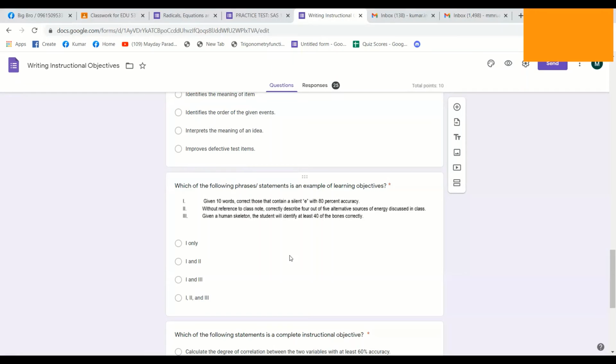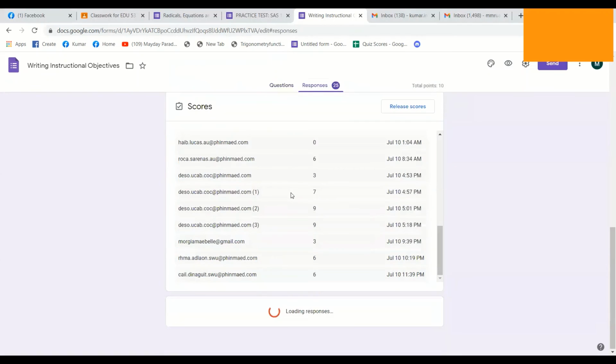So therefore, all of those are complete instructional objectives or complete learning objectives. Okay, so I would just like to take note that when you write instructional objectives, it should be in observable and measurable behavior. So you can observe them and you can measure them. So that is why you have to avoid the use of the words know, understand, learn, because they are not observable.